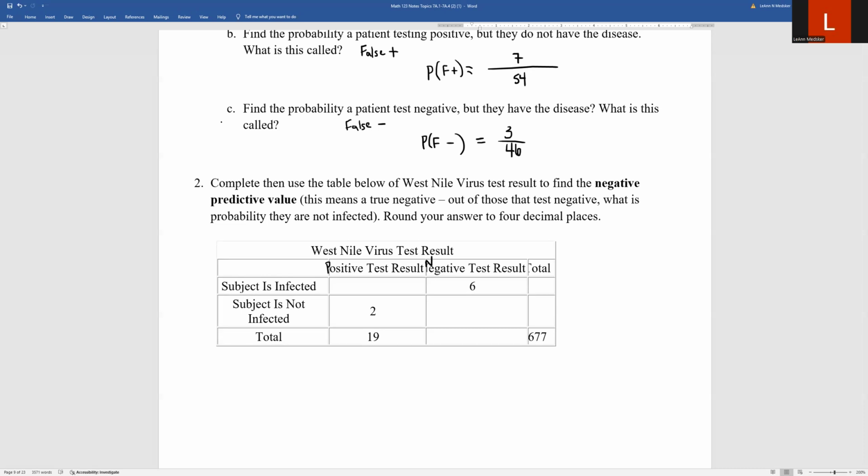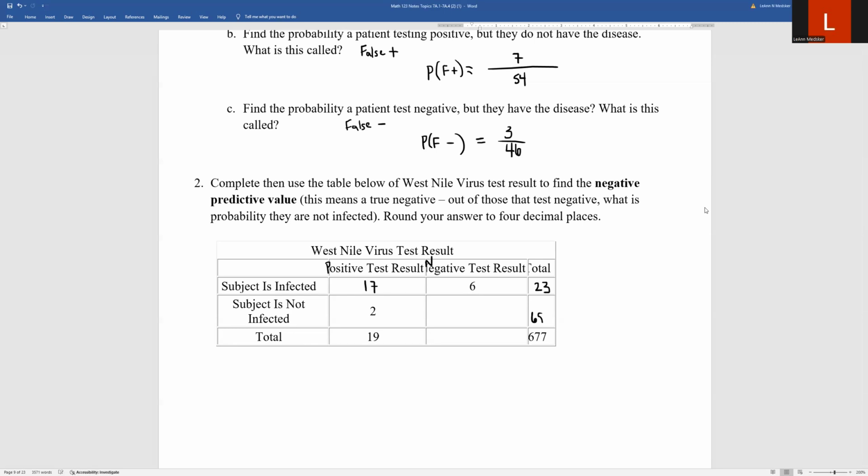So we need to figure out positive test or negative test. This is for West Nile virus. So subject either has the virus or they don't. This has to add to 19, so that's going to have to be 17. 17 plus 6 is easy to do. That would be 23. And then we need to figure out these missing 3 spots right here. So we have 677 minus 23 will give me that number right here.